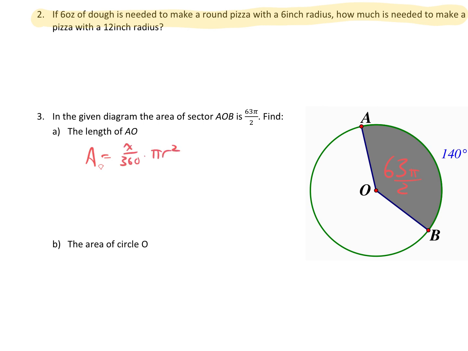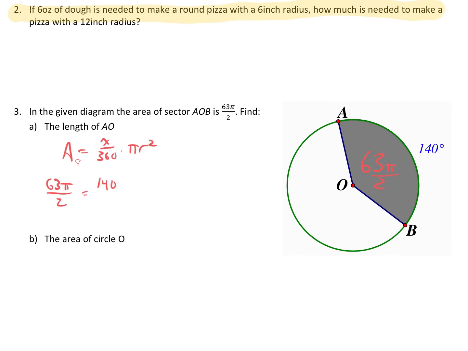And I know I can replace this value with 63 pi over 2, with x equal to 140. I'm supposed to find the radius, so I'm trying to find r in 140 over 360 times pi r squared. Now I just have to do some algebra. Well, take the pi off both sides.